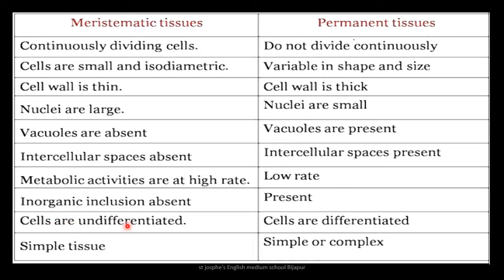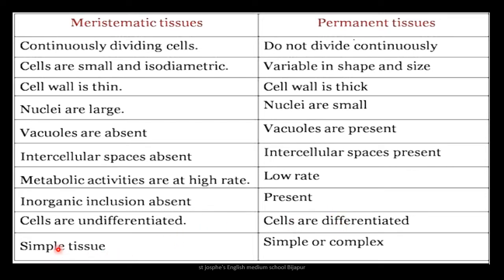The cells are undifferentiated, means the cells are not going to take up any further shape or size. They remain as they are. As they are born, they remain the same with the same size and shape. Whereas in permanent cells, the shape and size change. They get differentiated. They change to a permanent shape, size and structure.